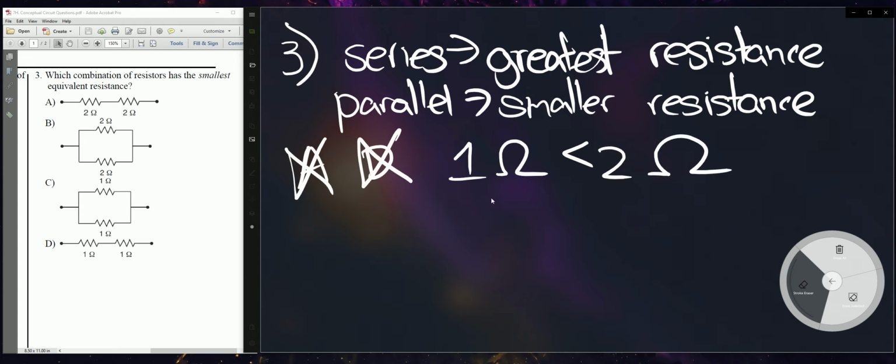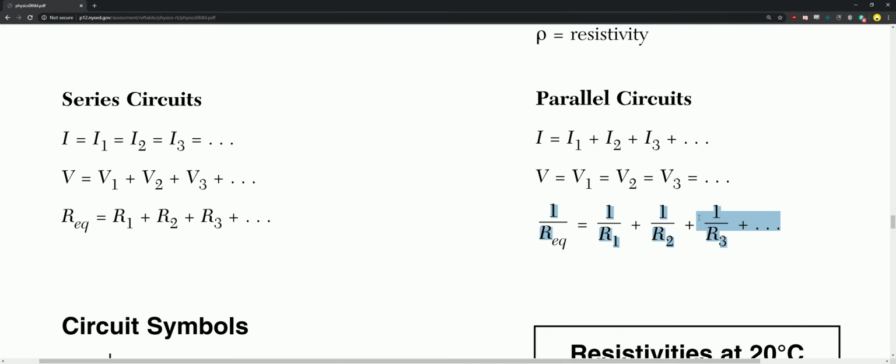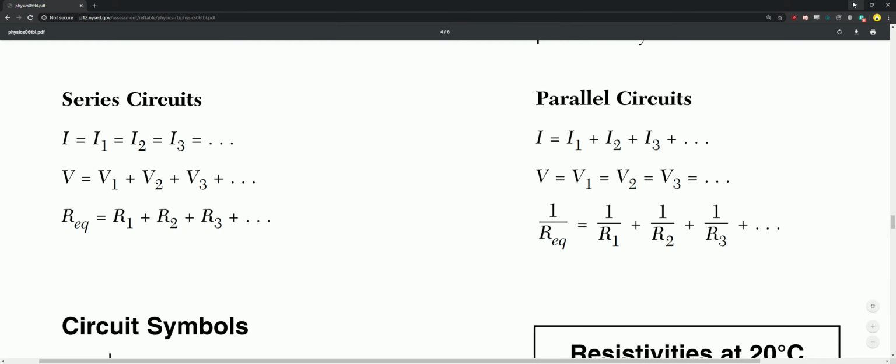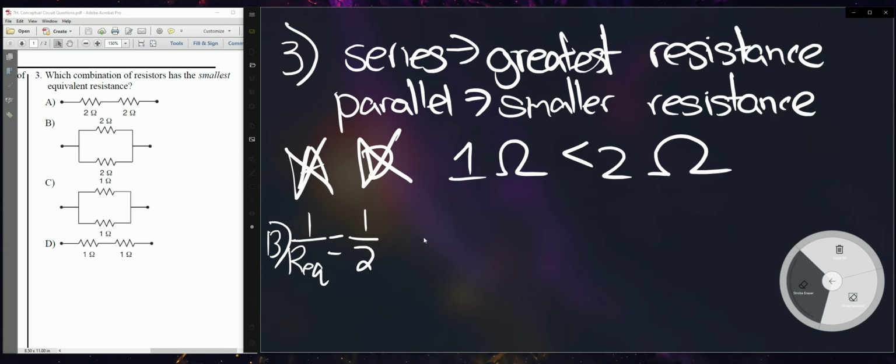But if you want to prove this mathematically, let's actually do the resistance equations. This is for B, and this is a parallel circuit, because we know that in a parallel circuit, this is the formula for total resistance. So you have 1 over 2 plus 1 over 2, because the resistance of the resistors in choice B is 2 ohms.